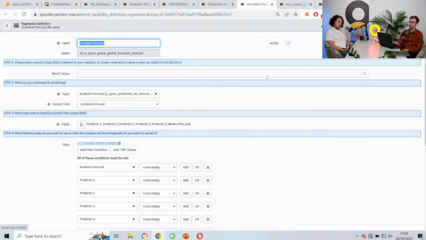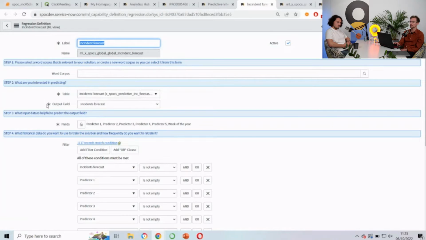And what you see here is also the word corpus. The word corpus will be very useful when you use the similarity framework for teaching the model what words often occur in your organization. You can add process names and acronyms that you use inside of the organization. You specify a table here.